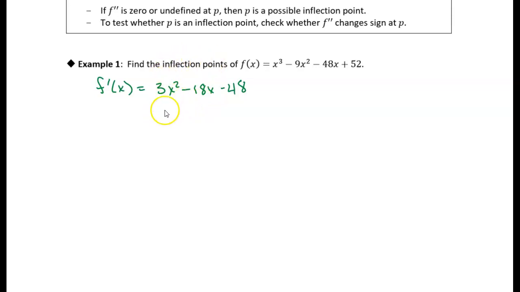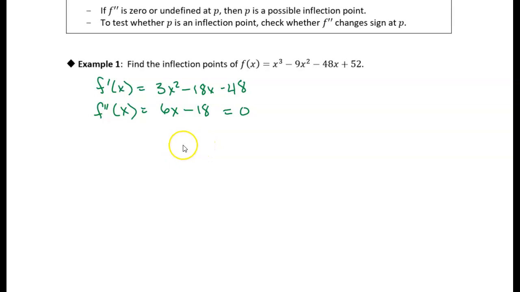But in order to find the inflection point, we need to know something about the concavity, which requires us to take the second derivative. Okay, so that's the derivative of the derivative. I get 6x minus 18. All right, and to find a possible inflection point, I'm just going to set that equal to 0.